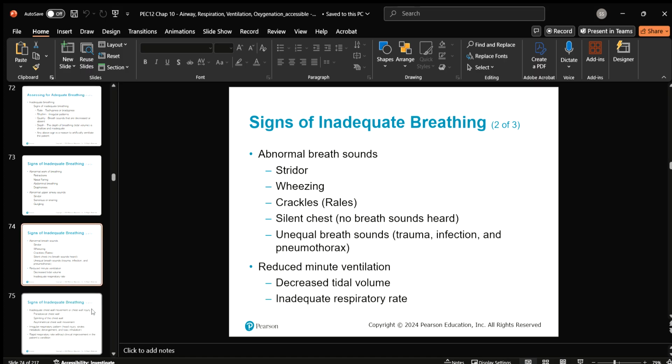Here are some more abnormal breath sounds, and some of these are lower airway breath sounds. Stridor, that one is an upper airway. Wheezing. What is wheezing? That's that high-pitched whistle that we hear on inspiration. So when they breathe in, we hear a high-pitched whistle sound.